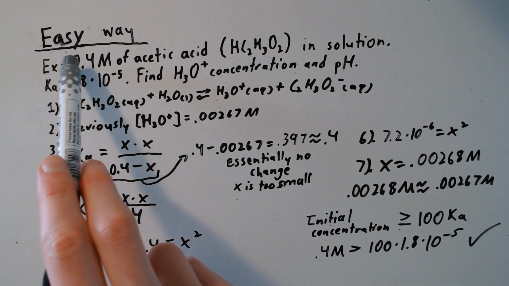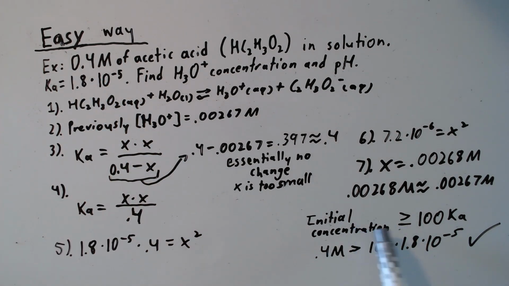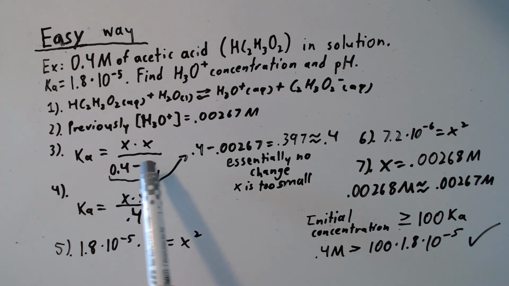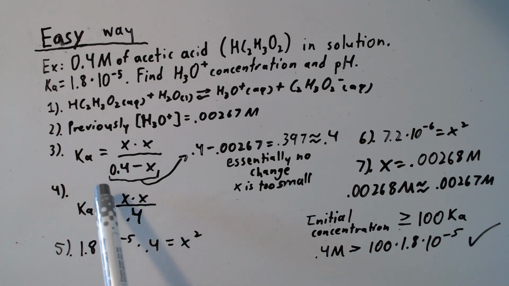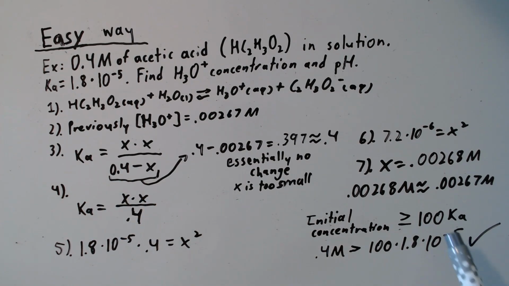So if this initial concentration of the acid is 100 times or more greater than the Ka, then we can use this approximation, because that means that this Ka is so tiny in comparison to the initial concentration that so little of this acid dissolves that we do not actually care about this minus X on the bottom. We can essentially keep the initial concentration of this acid.